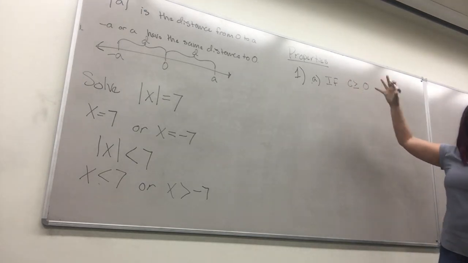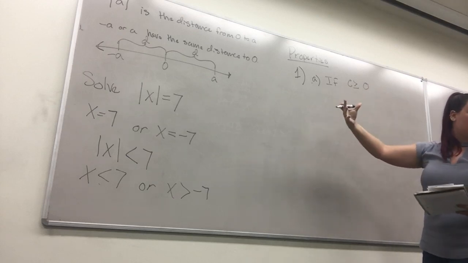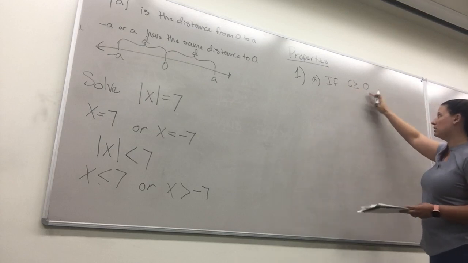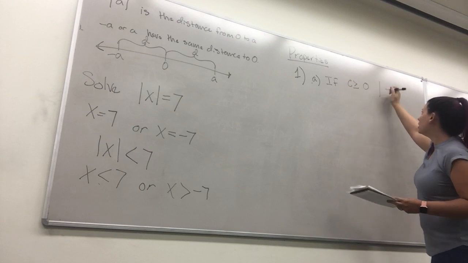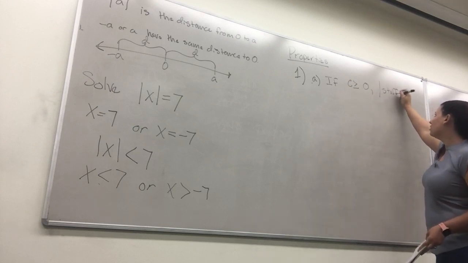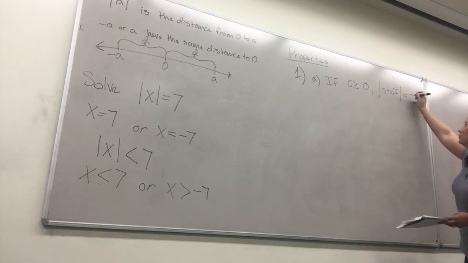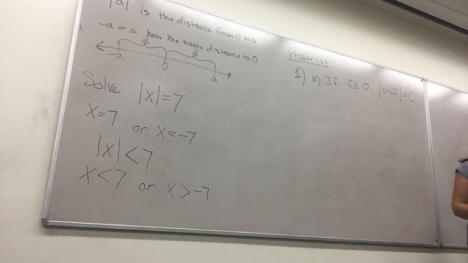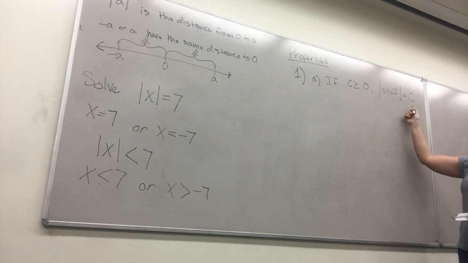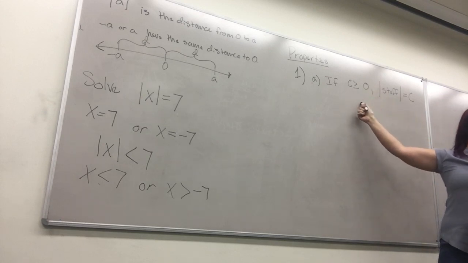So this is just talking about inequalities, and then connecting it to the absolute value, okay? So if we have C is greater than or equal to 0, and then our absolute value, we have some stuff in it. It doesn't matter what that stuff is, but it's stuff. If we have it equal to C, okay? So this is just being equal to C, or being equal to a 0 or positive number. Okay, does that make sense?